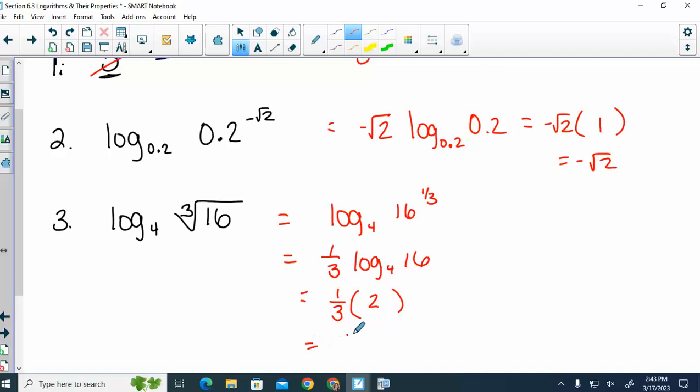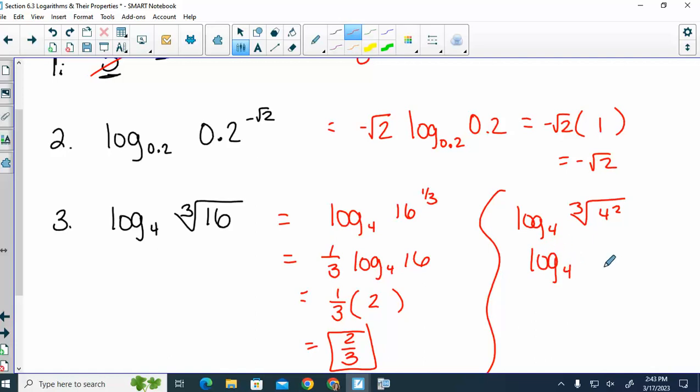And you get 2/3. The other way of doing it is to say 16 is 4 squared. So this is 4 to the 2/3 power. So these really cancel and you get 2/3. Two ways of thinking about it, same answer either way.